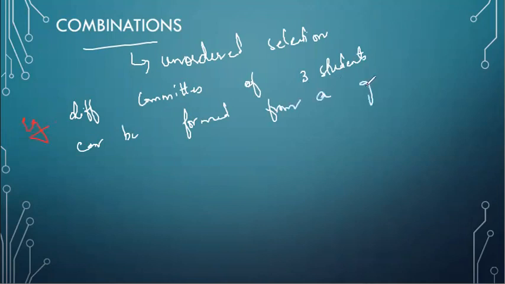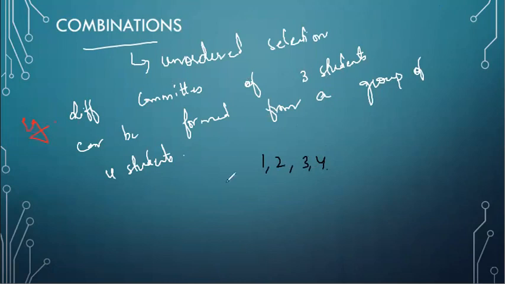Now suppose the student names are not given here, so let's consider the students as 1, 2, 3, 4. Now from these 4 students, we are supposed to find how many different committees of 3 students can be formed.